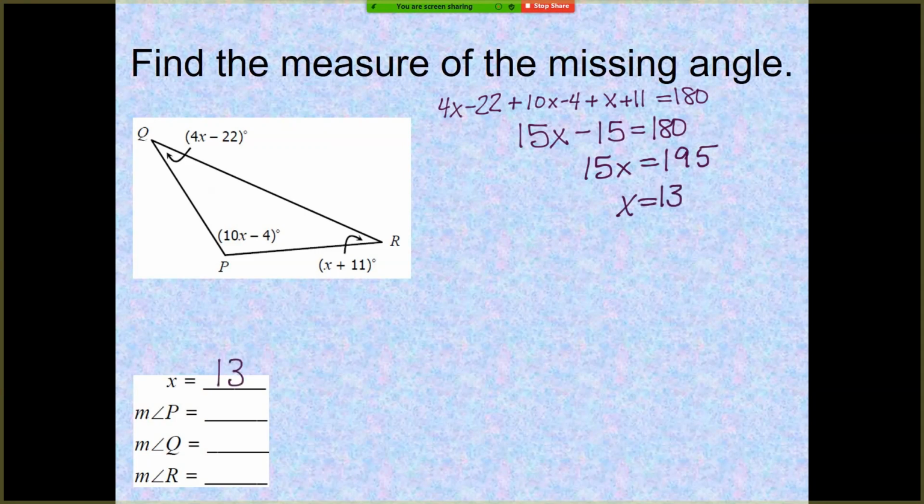And then to figure out our remaining values for P, Q, and R, we're going to take that x value and plug it back in. So for angle P, we're going to take 10 times 13, which is 130, minus 4 to get 126 degrees.